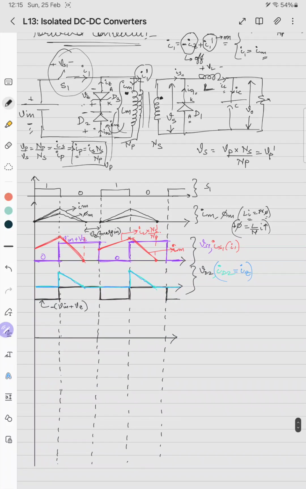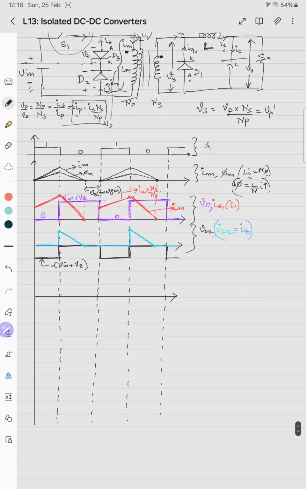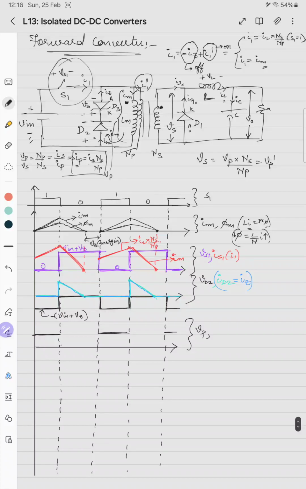When the switch is on, VP becomes equal to V in. This is VP. And when the switch is off, VP becomes equal to what? Minus VZ, because D2 is forward biased and S1 is off.